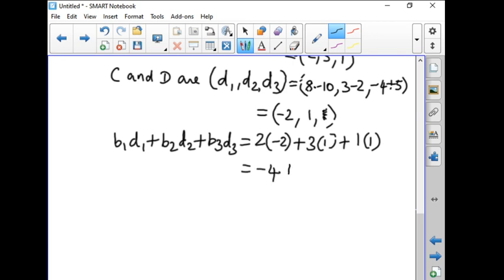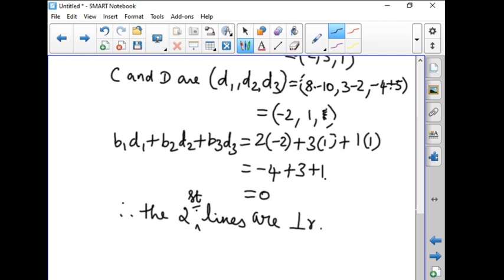Minus 4 plus 3 plus 1. So the answer is equal to 0, isn't it? Therefore the two straight lines are perpendicular. So you can use this condition itself for the previous problem also.